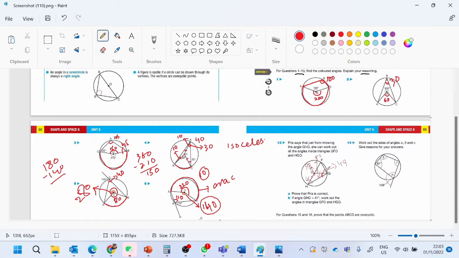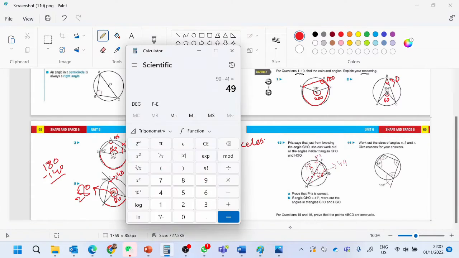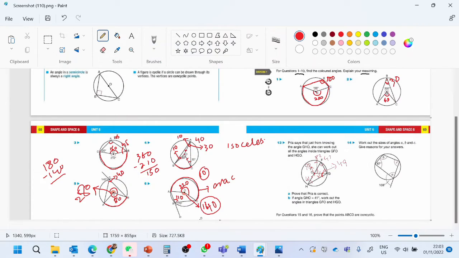Now if this angle is 49 and we found this angle is 82, we can find this angle as well. We just do 180 minus 49 and then minus 82, and this gives us 49. So you see, if one angle is known, we can find all the angles in this semicircle.